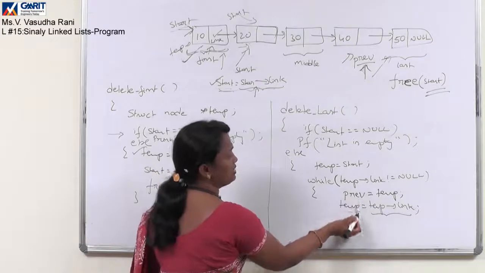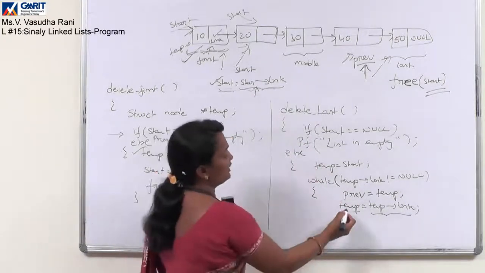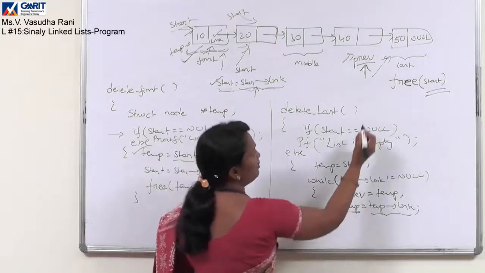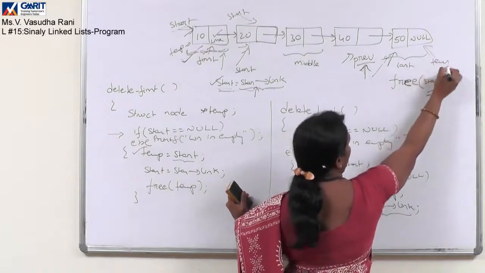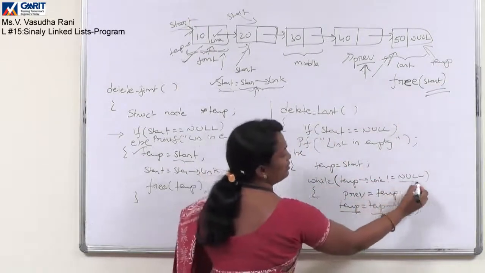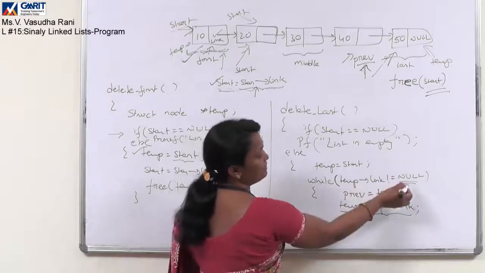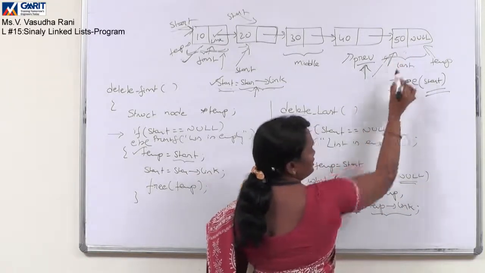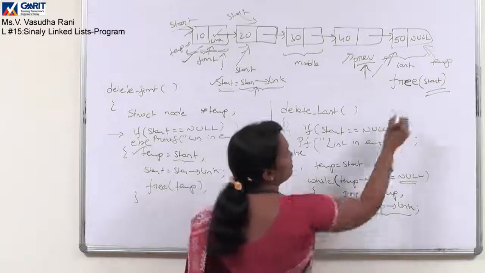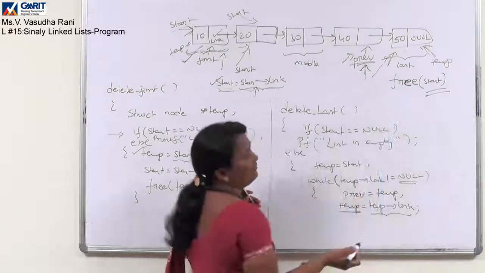With these two statements, once the complete list is traversed, in the temp pointer you will have this last node. This will be referred to as your temp because the loop continues till its link is null. So once temp comes here, it stops this loop and comes out. So this will be your temp and this will be your previous.